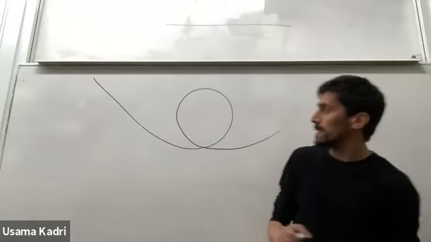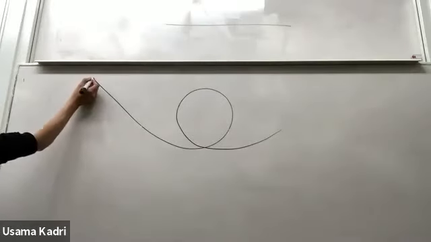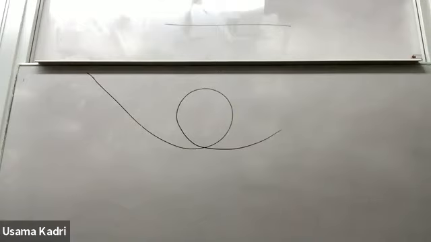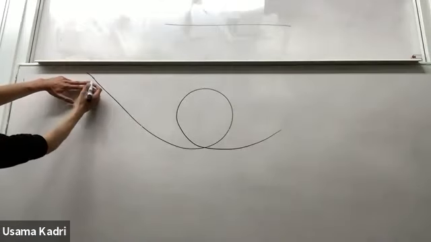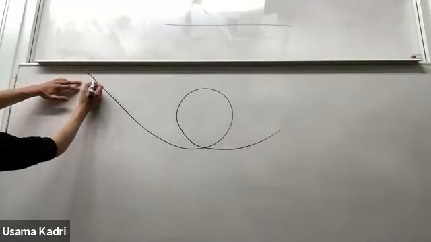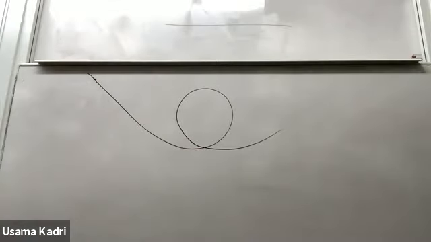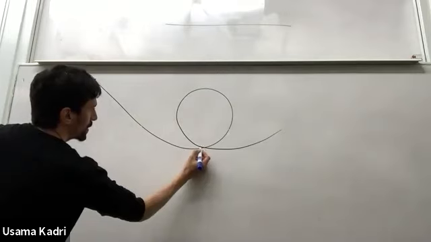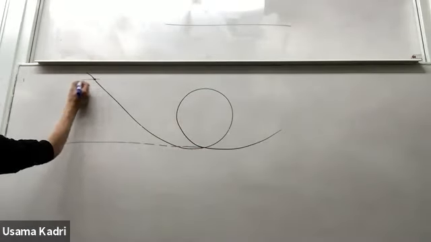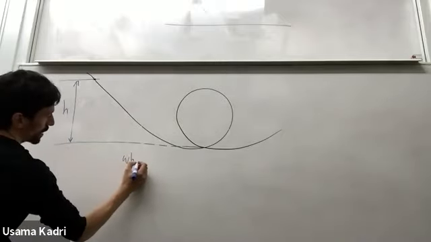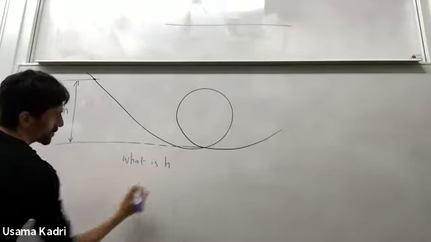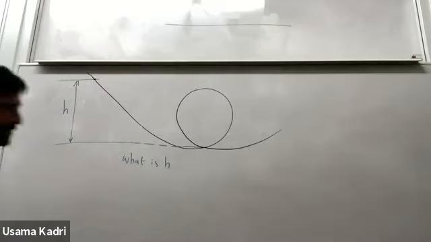So the problem is like this. You start with some point here, which you don't know. You want to find out what is the distance, what is the height, h. Okay, what is h, or critical h?